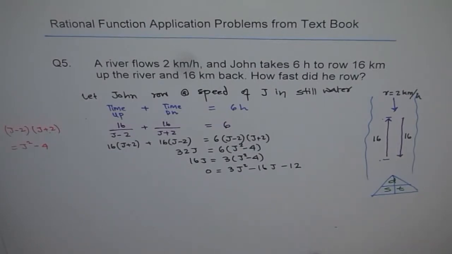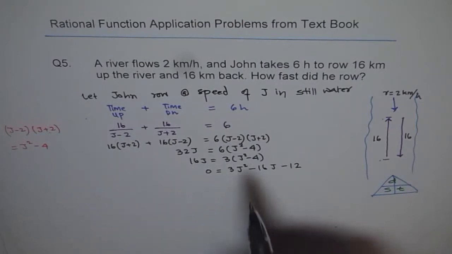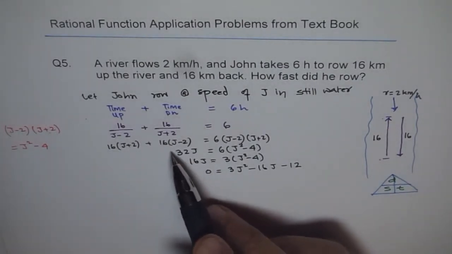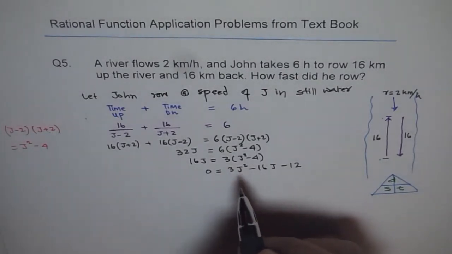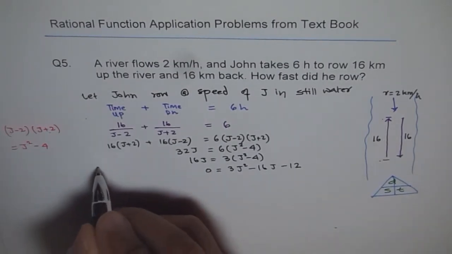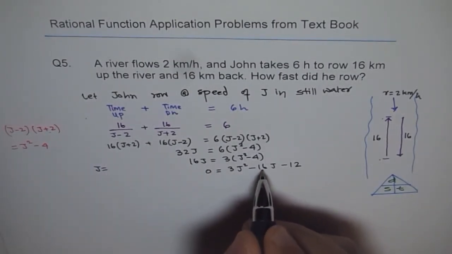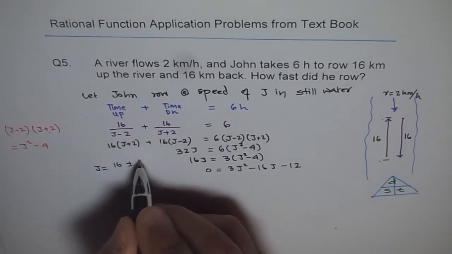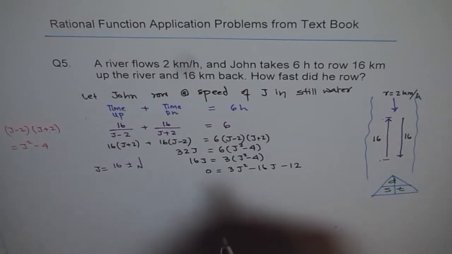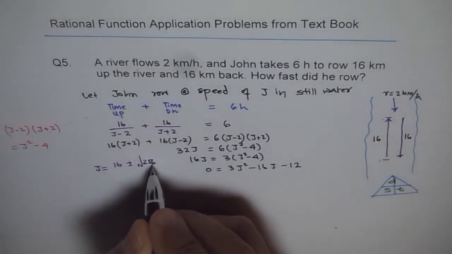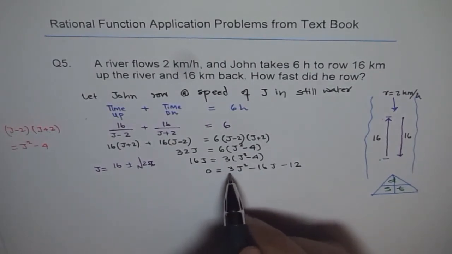The quadratic formula says J equals minus of this, which is 16, plus or minus the square root of b square, which is 16 square, 256, and 4 times 3 times minus 12.